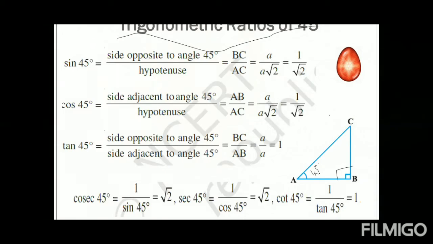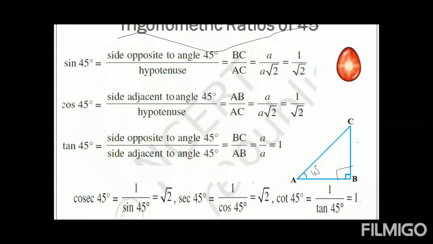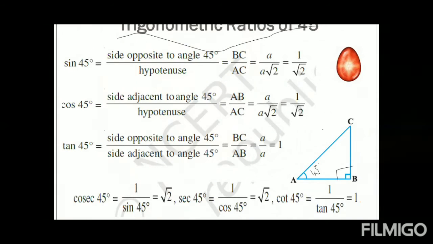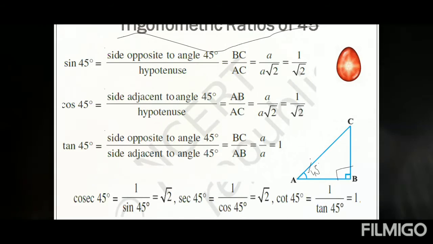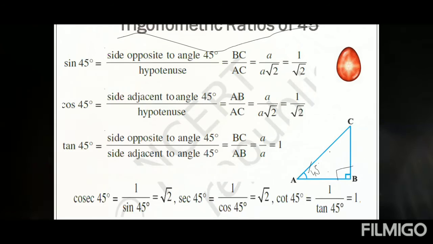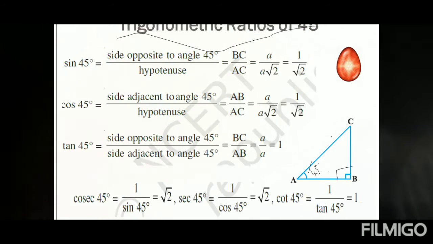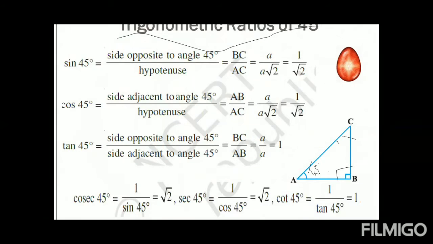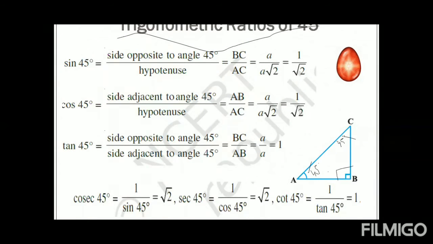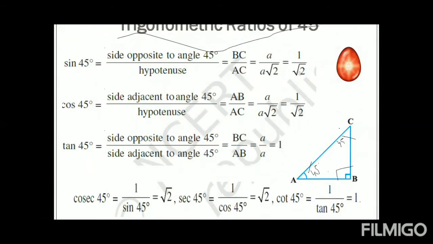If this is a triangle, angle A plus angle B plus angle C equals 180 degrees, by the angle sum property. Angle A is 45, angle B is 90. Totally it is 135. When you subtract 180 minus 135, you get 45 degrees. So angle C is also 45 degrees. So angle A equals angle C equals 45 degrees.